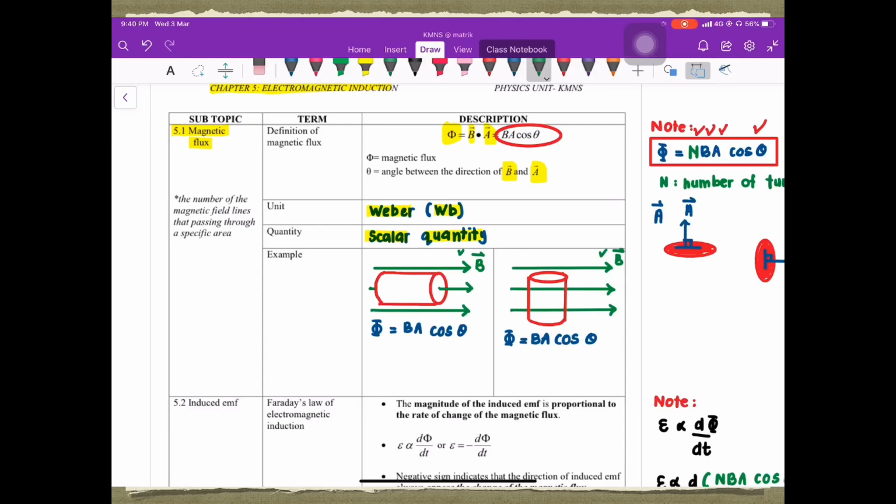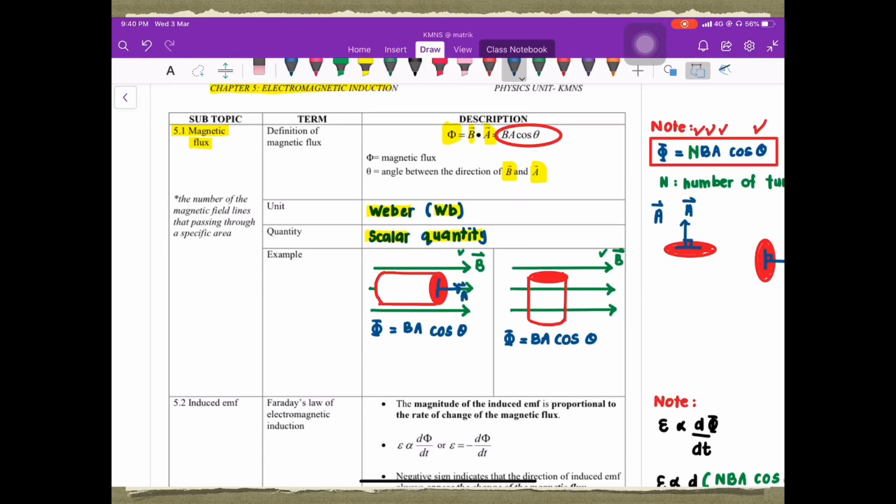This is the cross-sectional area, a horizontal plane, and this is a vertical plane. Now we need to show the direction of vector A. This is the surface, so it must be 90 degrees.